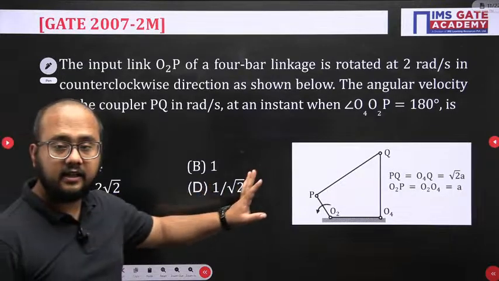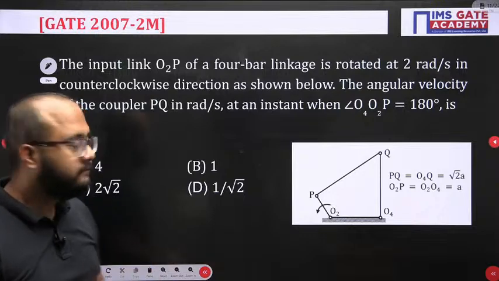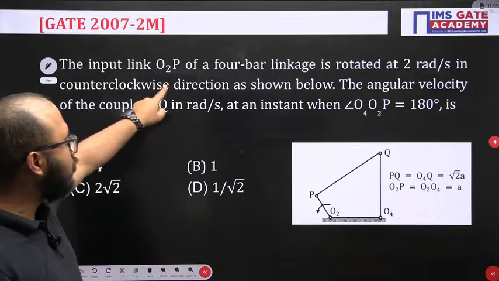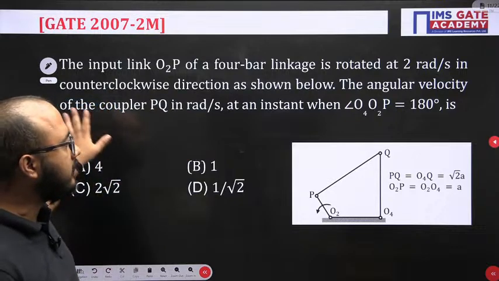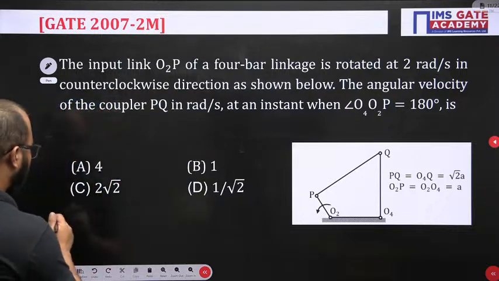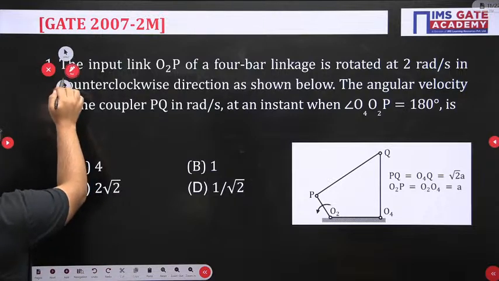Now see this particular question very carefully. The input link O2P, O2P is the input link of a 4-bar linkage rotated at 2 radian per second. So let me just mention the given data here.